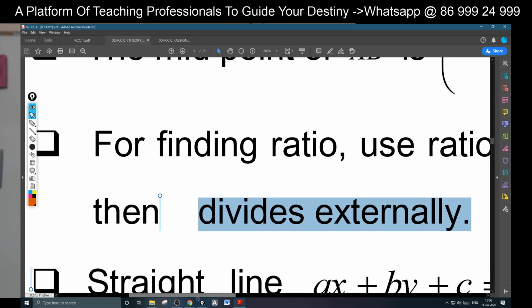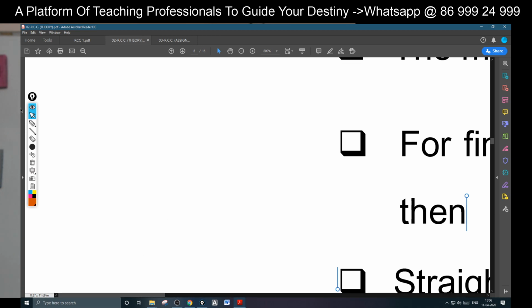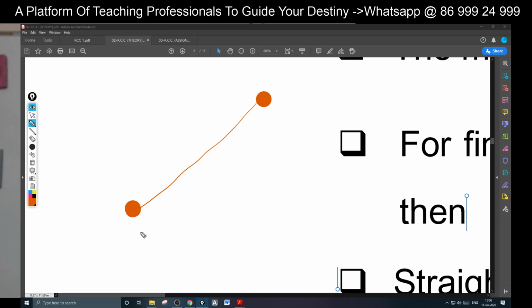See, there is a line segment AB, and its coordinates are given to be (x1, y1) and (x2, y2).